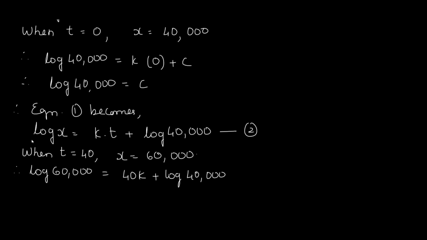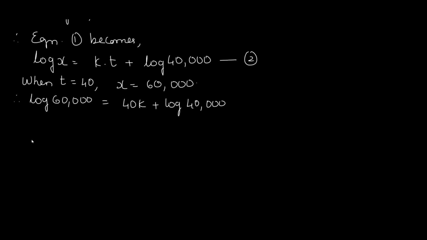Let us bring this log 40,000 to the LHS, and therefore we have log 60,000 minus log 40,000 is equal to 40k. We combine both the logs, we divide both the numbers because there is a minus sign between.